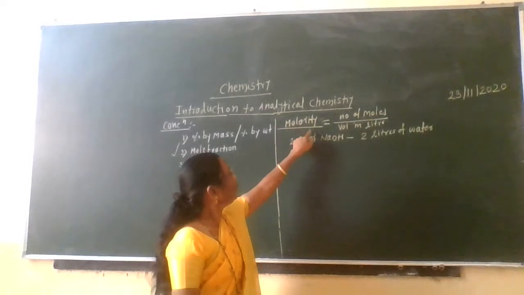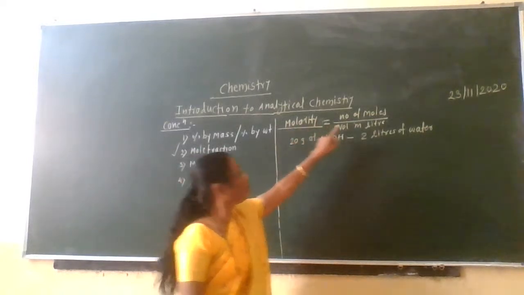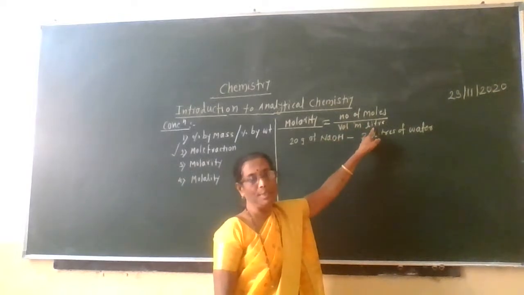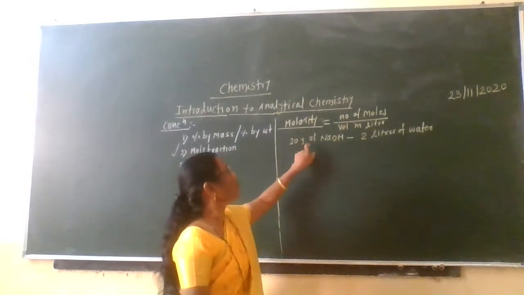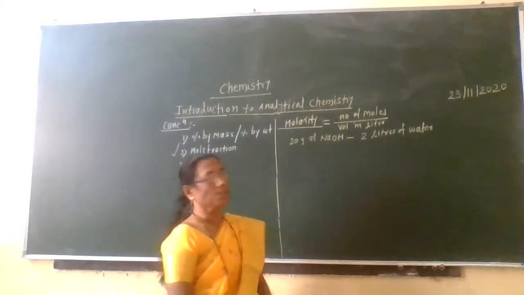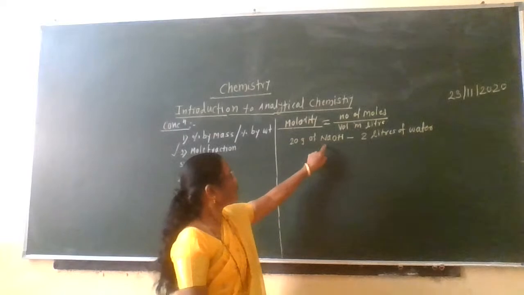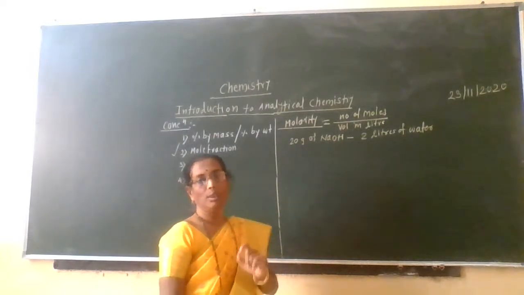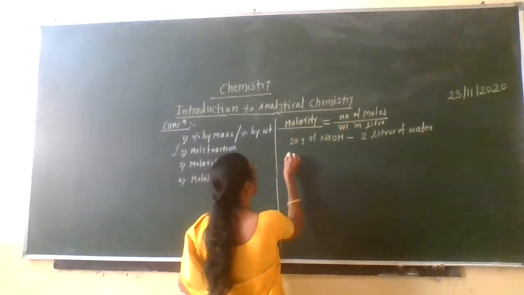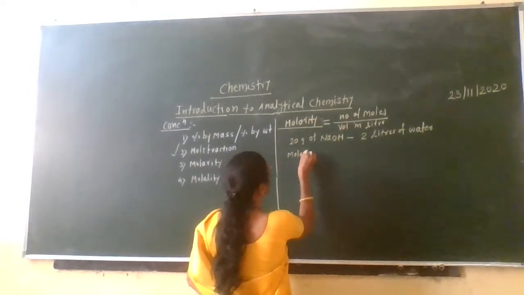Now, according to the definition, molarity is the number of moles divided by volume in liter. Therefore, first of all, we have to find out the number of moles of the NaOH. And for that, first we have to calculate the molar mass of the NaOH.